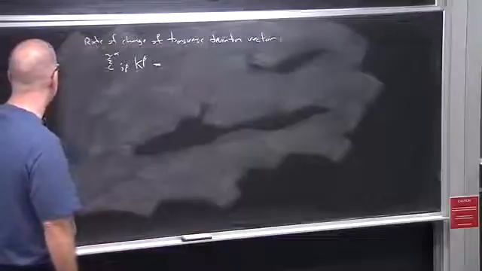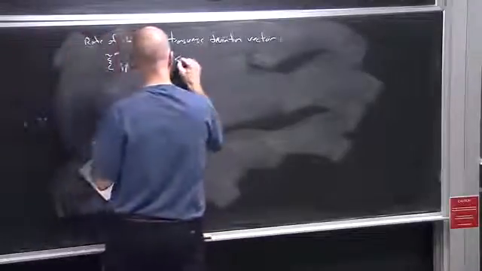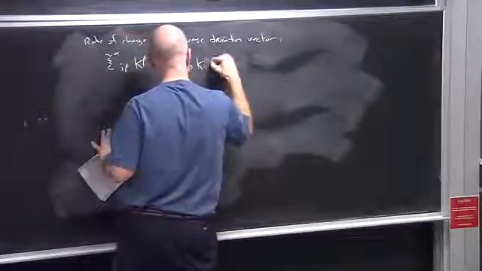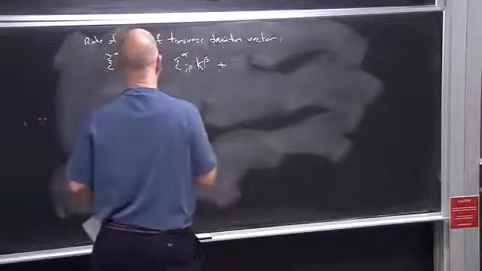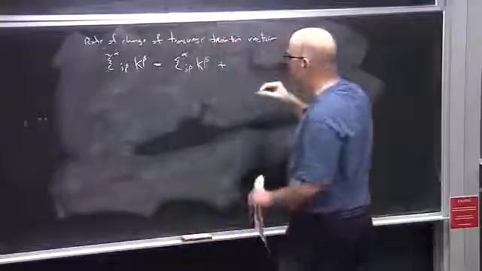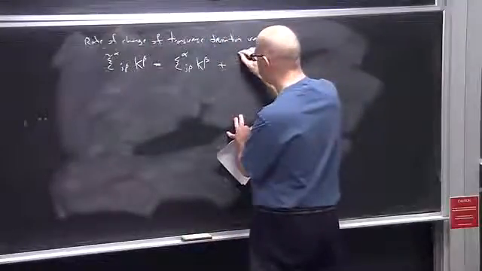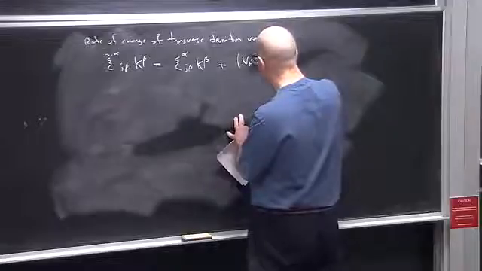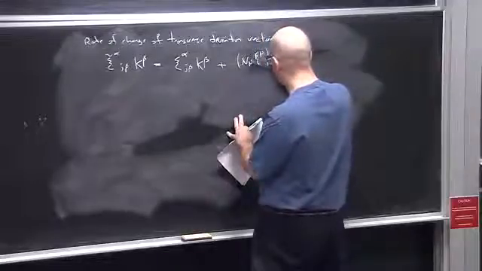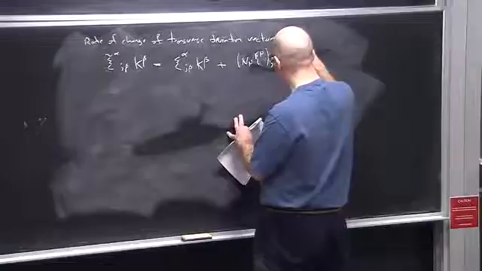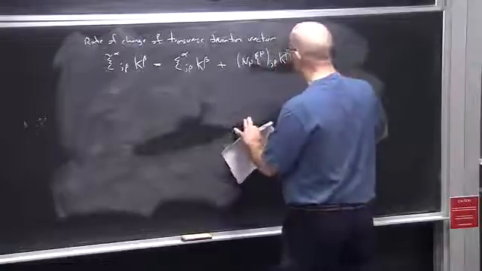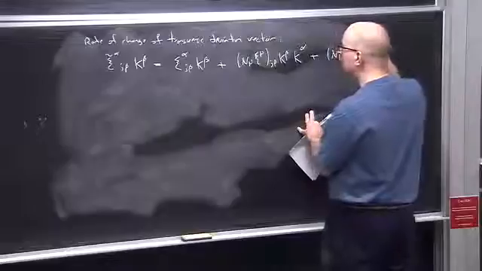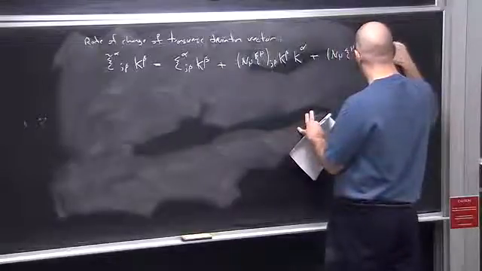And, well, we just do the calculation. We'd get xi differentiated along k. Then we get the derivative of that scalar along k. And then we get the derivative of k along k.